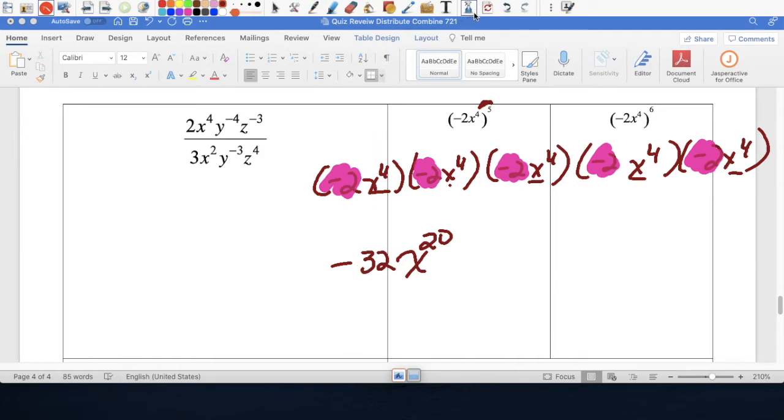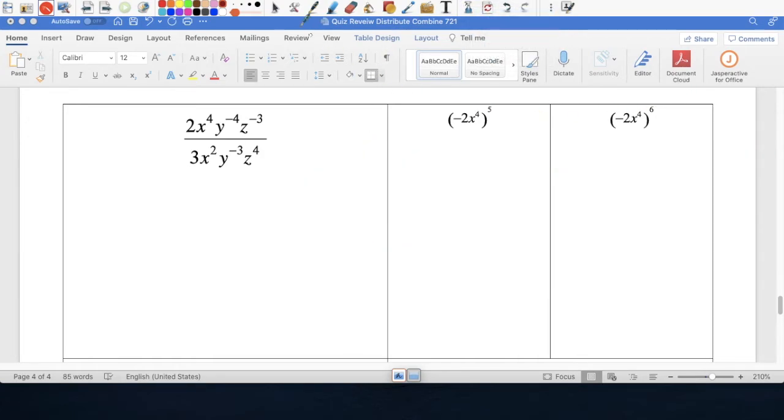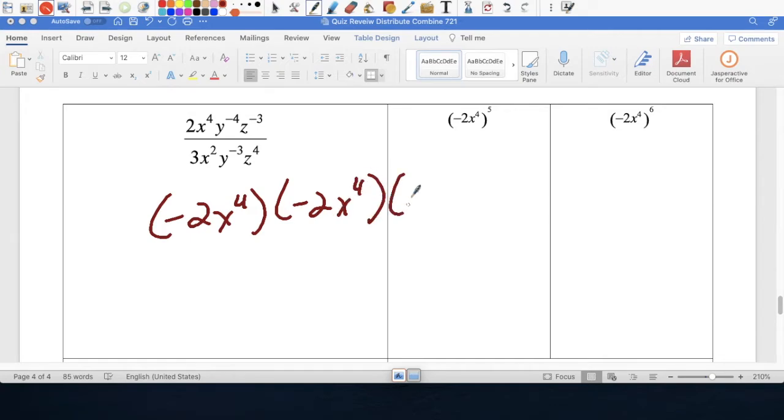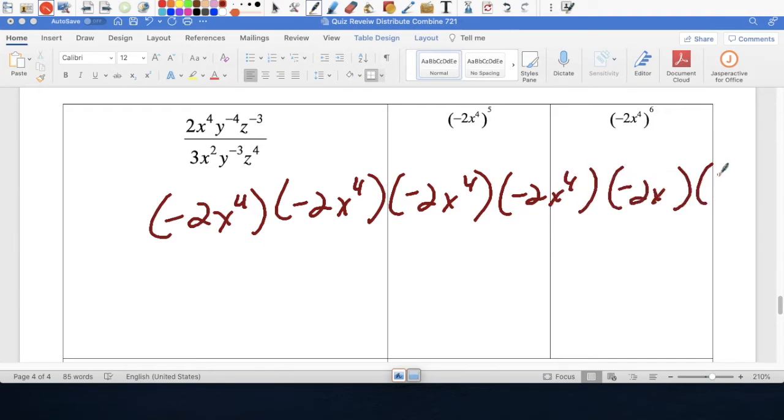Now, the other one over here, it's the same exact number, negative 2x to the fourth, and we're going to do this 6 times: 1, 2, 3, 4, 5, 6.